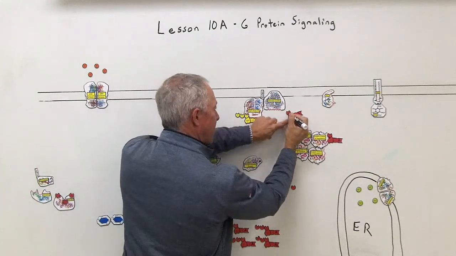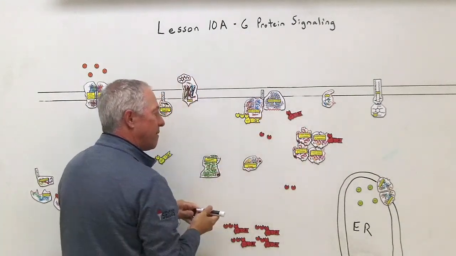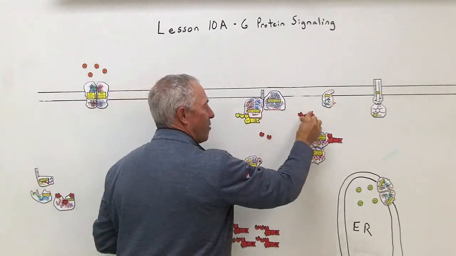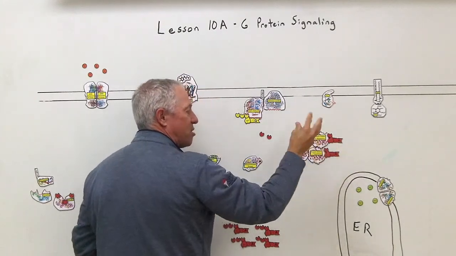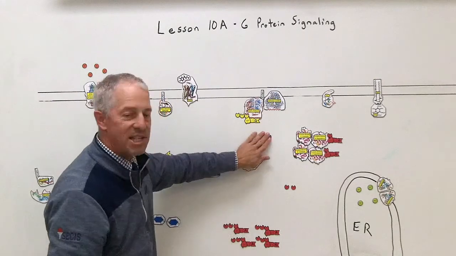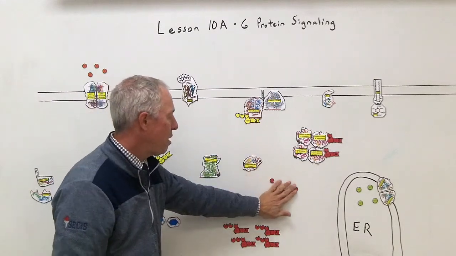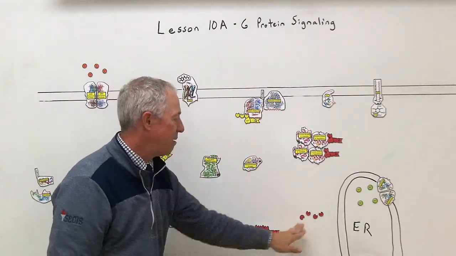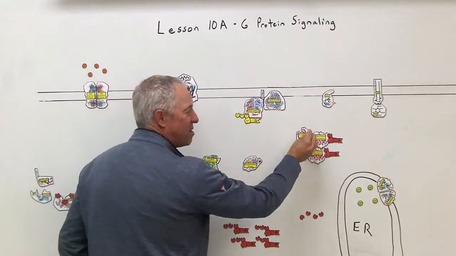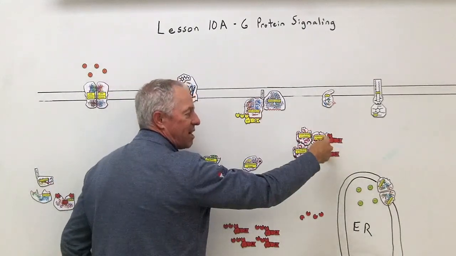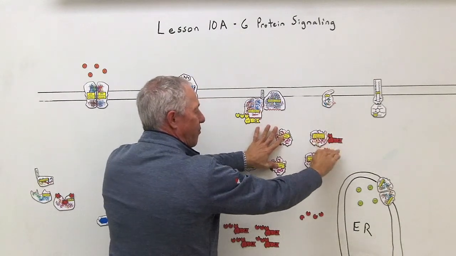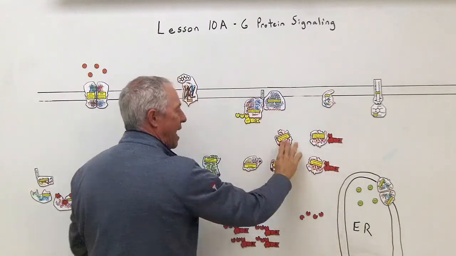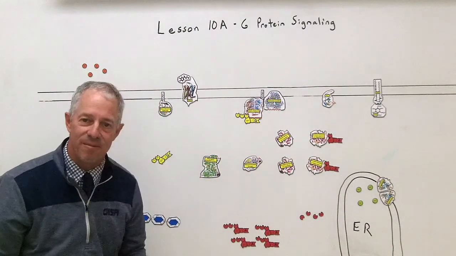I'll draw my little cyclic portion, why not? And we'll just use two of them here. They both attach to the protein kinase A. I'll move these phosphates out of the way. Now this protein kinase A, when those cyclic AMPs attach, actually breaks up, and it's now in 4 pieces.